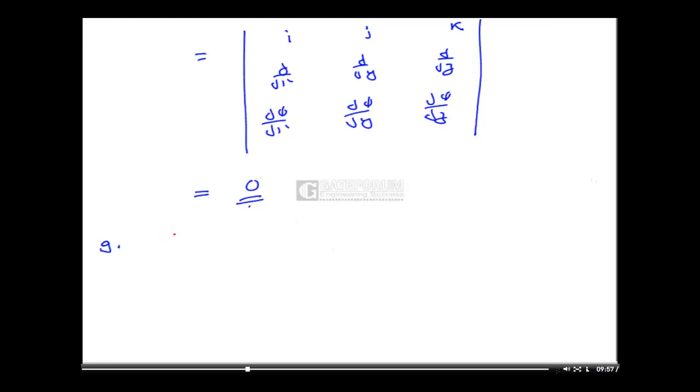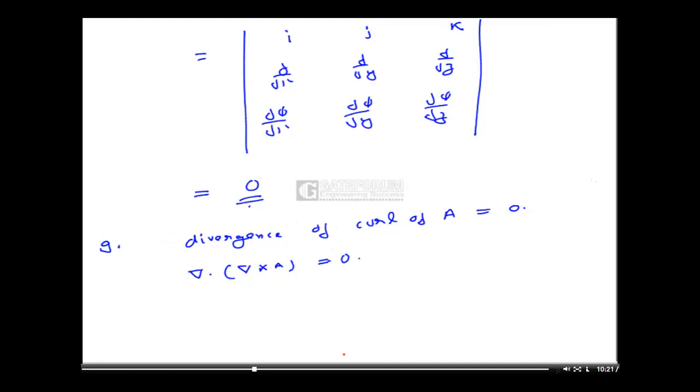Ninth property: divergence of curl of vector A is equal to 0. That means del dot del cross A is equal to 0. It can be proved in a similar way.